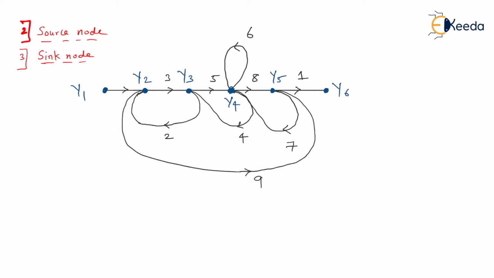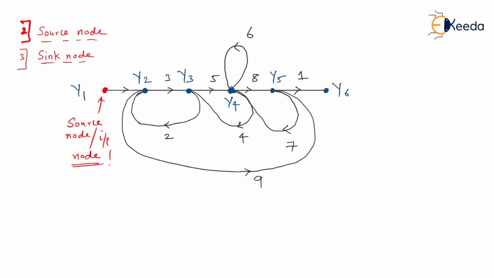So now you have to find a particular node which is always sourcing something, or you have to see line segments which are always going away from a particular node. That node is called a source node. So by observation, I can say that y1 is a source node. Remember, source node is also called an input node.